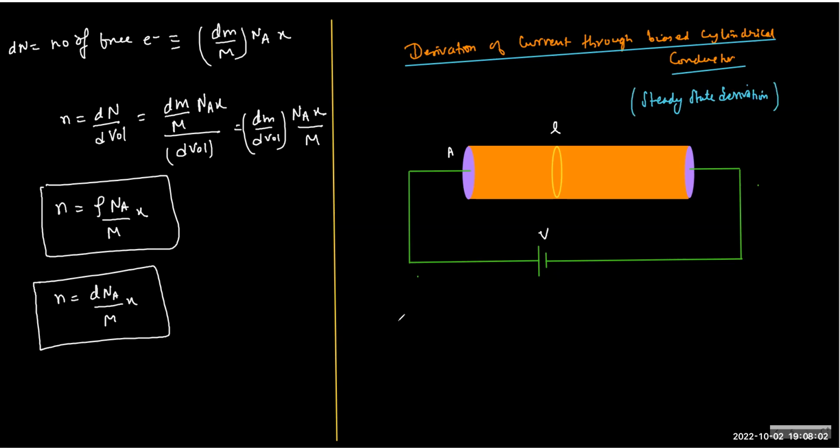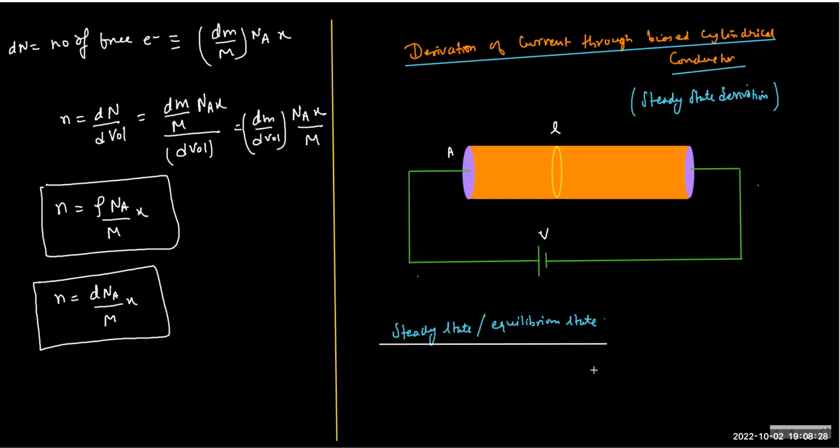So let me talk about this before I derive finally. Just in brief, I'll talk about the steady state, or equilibrium state. So what is the steady state or equilibrium state? I said that the number of electrons is n.